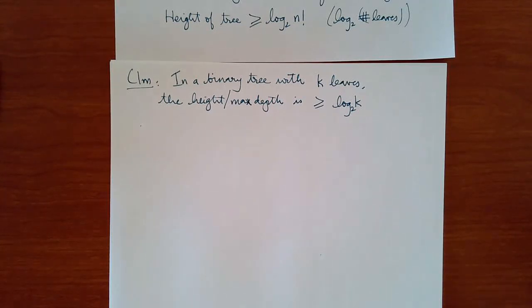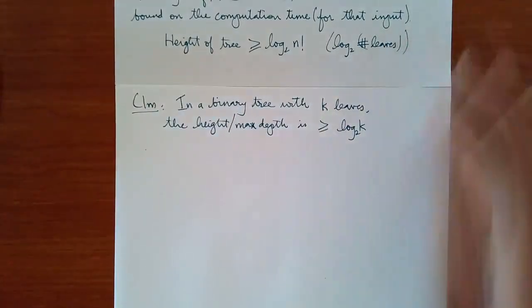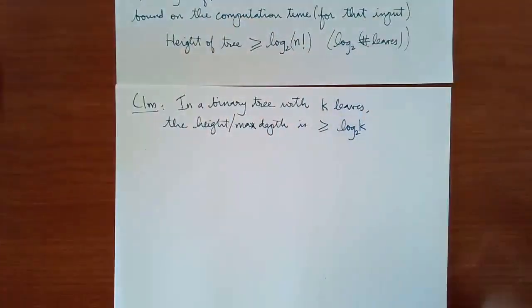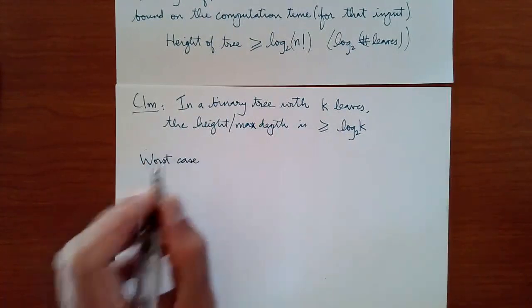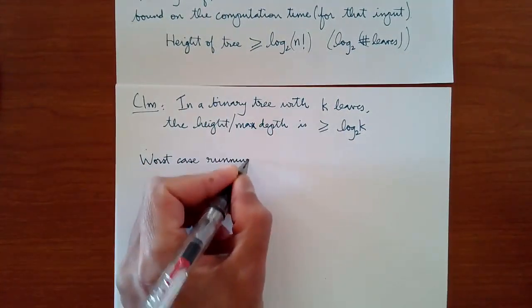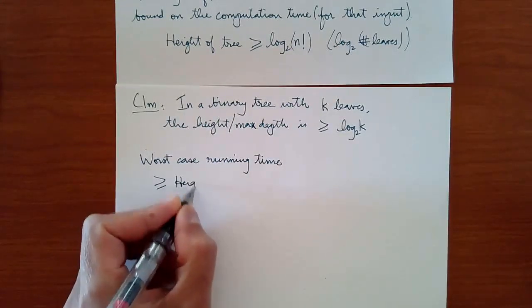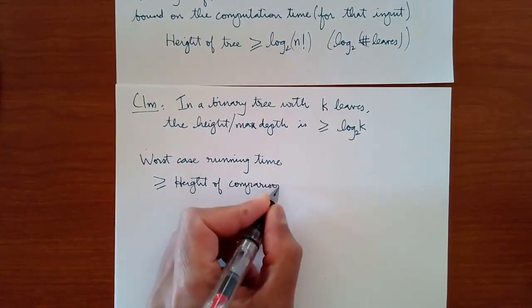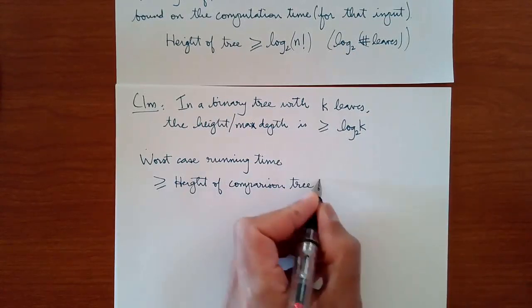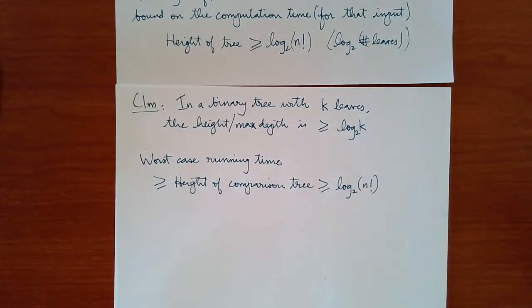Right? So in any binary tree with k leaves, the height is at least a log. And so the height of the tree is at least log base 2 of n factorial. What this means is that the worst case running time is definitely at least the height of the comparison tree, which is at least log base 2 of n factorial.